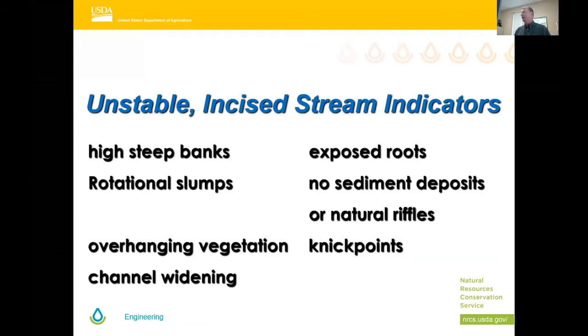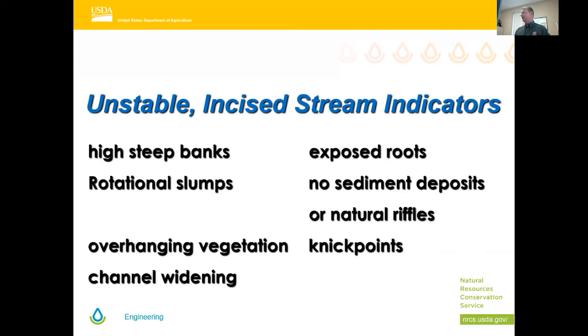So when we're doing field inventories, we're looking for signs of unstable incised streams, those indicators in the field. High steep banks, obviously that's one immediate note. Rotational slumps in the channel where large sections of it are sloughing off. Overhanging vegetation where the channel top width has gotten wider. I'll show you an example of that in a second. Exposed tree roots.